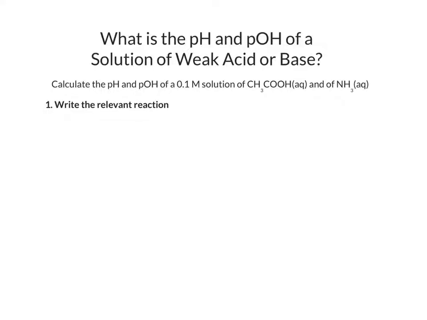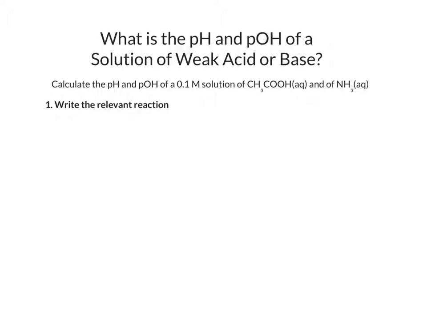Let's use our knowledge of acid-base chemistry to calculate the pH and pOH of a 0.1 molar solution of acetic acid. The first step in any chemistry problem is always to write the relevant reaction.